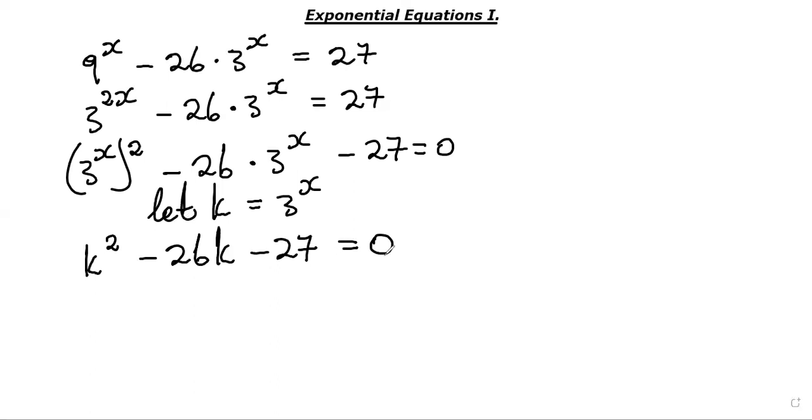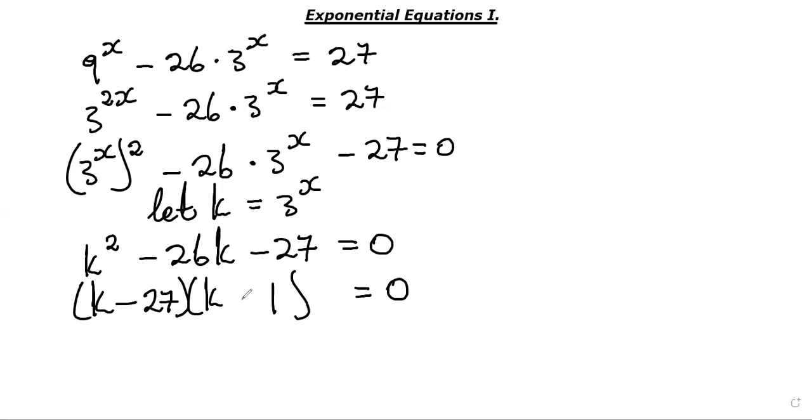Then from this point, in order to solve for K, before we can solve for x, we have to factorize. And we know that we factorize by opening 2 brackets. So factors of K squared, it's K and K. Factors of 27 that add up to 26 can only be 27 and 1.